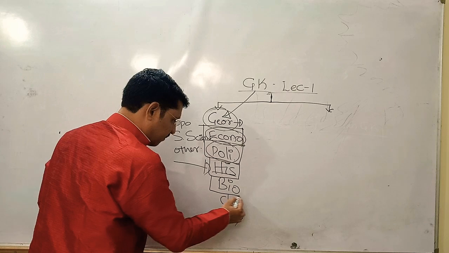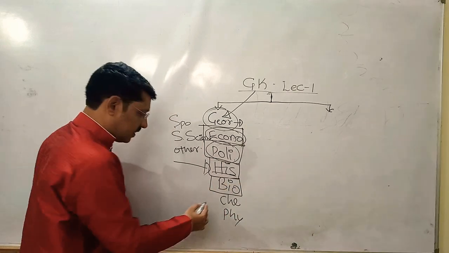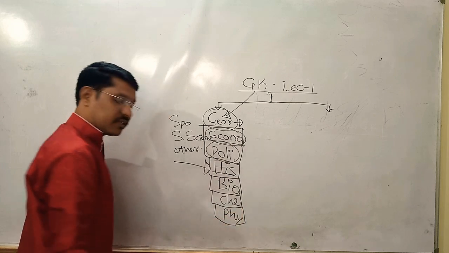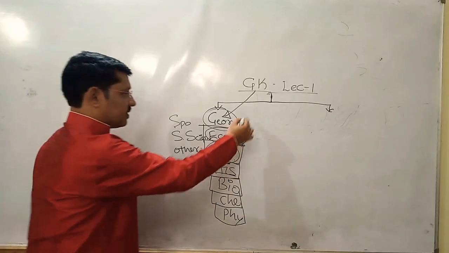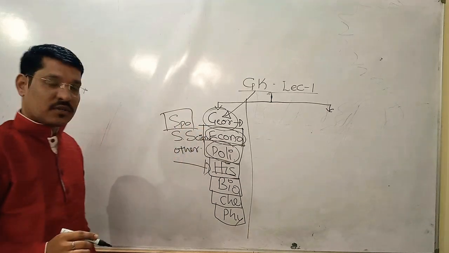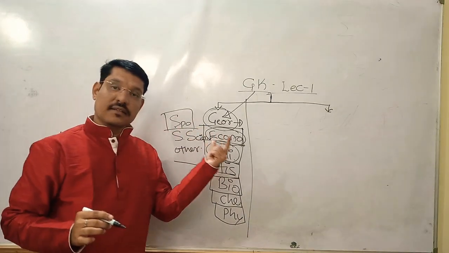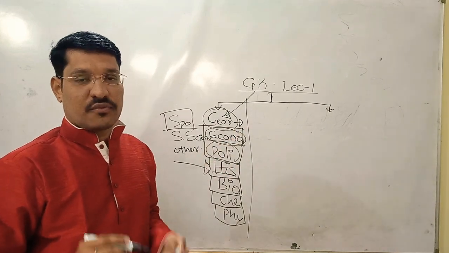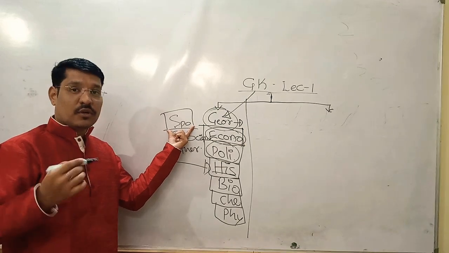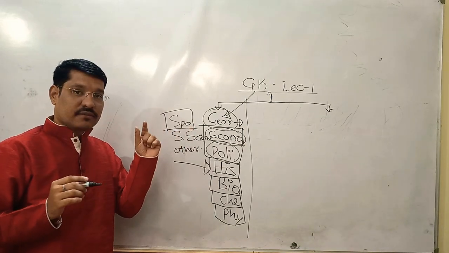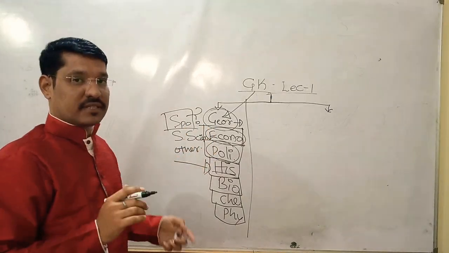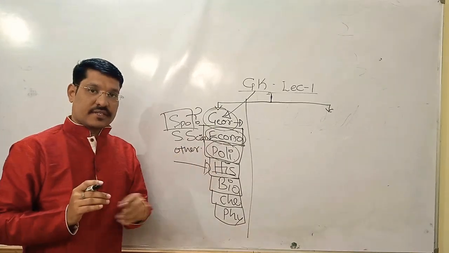The next are the basic important points for biology, chemistry and physics, which are general concepts. Then sports: some sports words may be asked in competitive examinations, for example all out, no ball, void. These questions come under fixed GK.